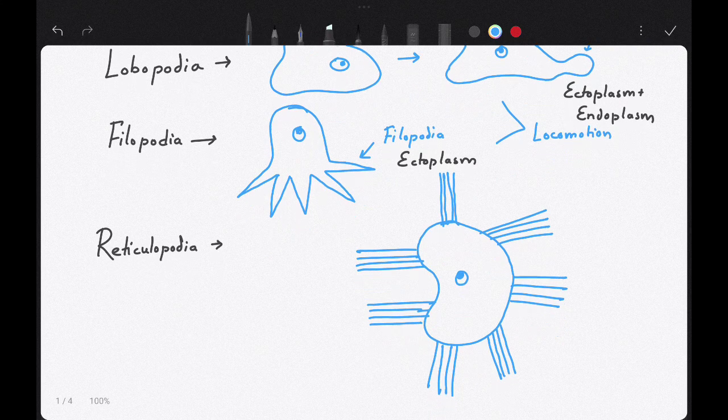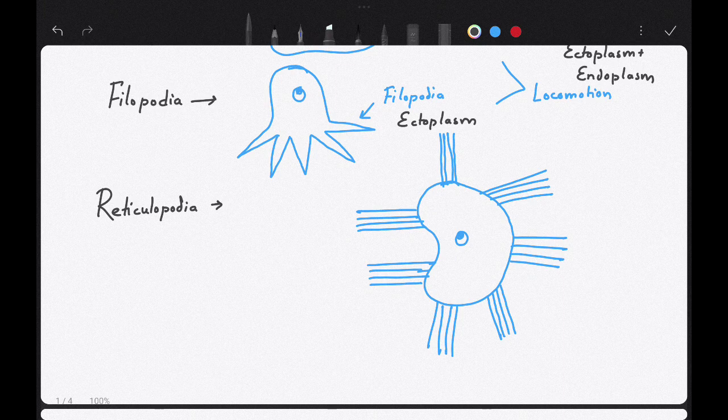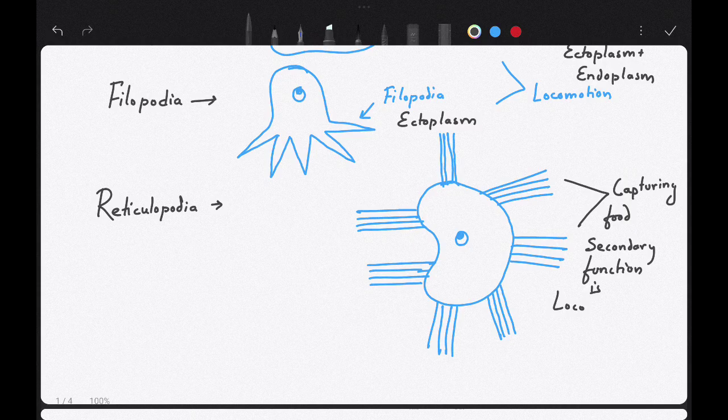But in this case, what you will see is that their basic function is capturing food, and the secondary function is locomotion. I hope this much is clear.